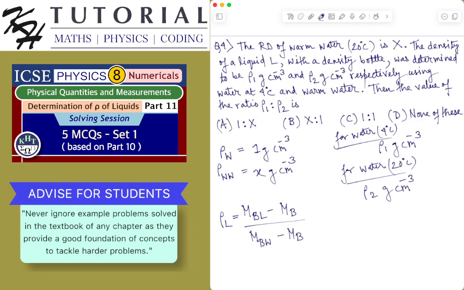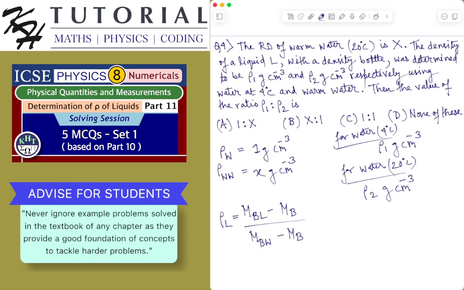Now, clearly the mass of the empty bottle is not changing, it is the same. MBL will change. The core concept is that since the liquid L is the same, MB is not changing. The mass of the empty bottle is not changing.